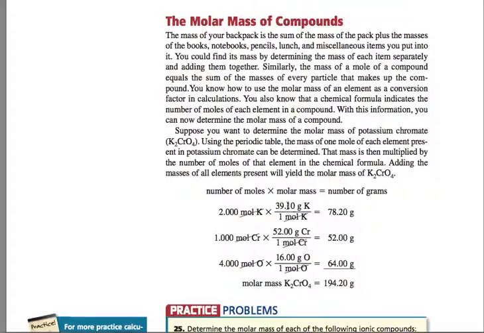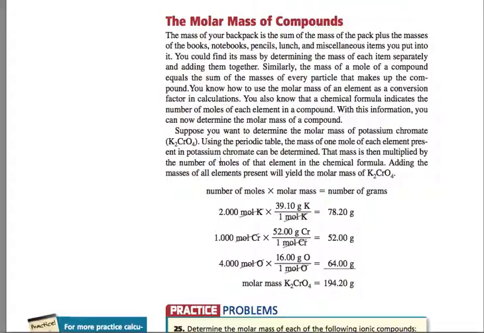So that's the molar mass of potassium, and I know that I have 2 moles of potassium because there are 2 atoms of potassium in this molecule. There is 1 atom of Cr, and its molar mass is 52.00.